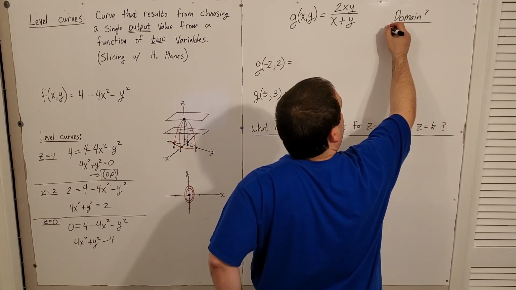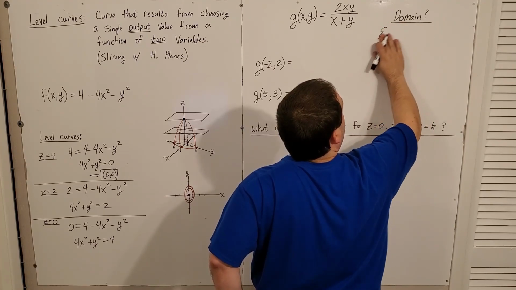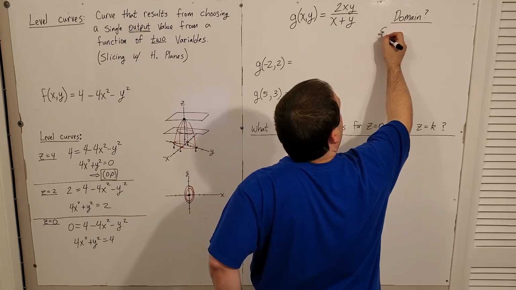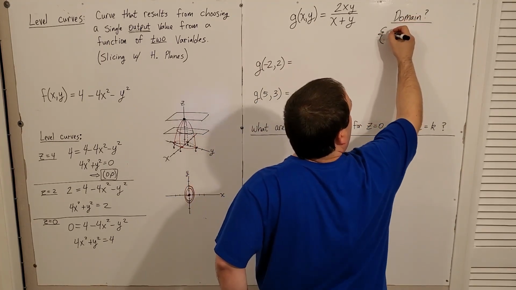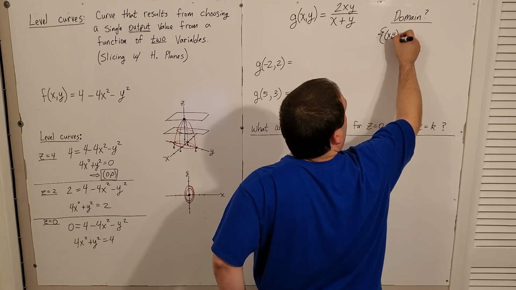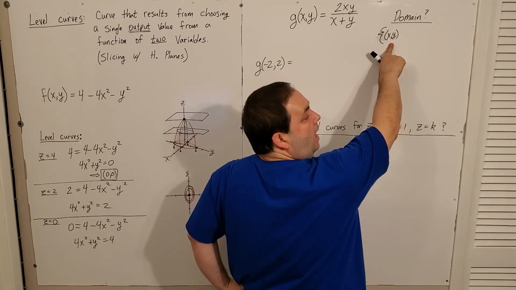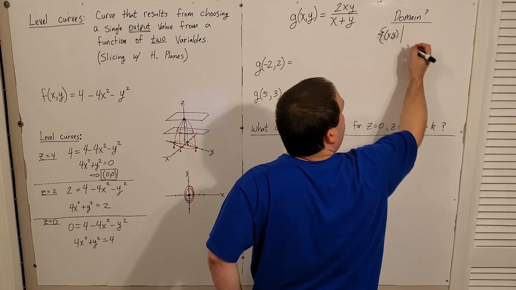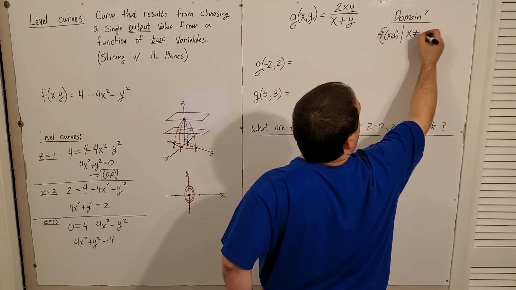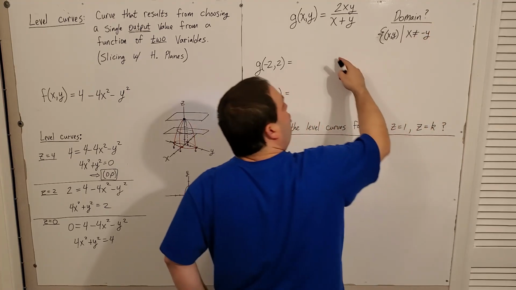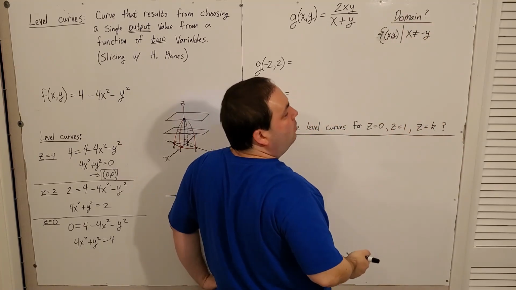The domain is going to be the set of all. And remember, we're dealing with a 2-variable function here. So my domain is points. These are my objects. And such that they obey this next rule, x cannot be equal to negative y. Or you could put x plus y can't equal 0. Either way.